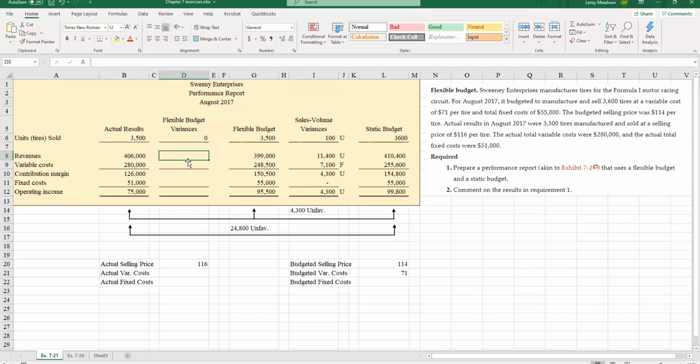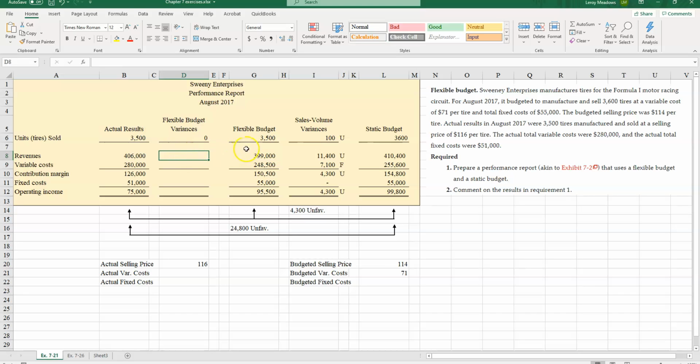Now, let's take a look at our individual items here for revenues. Based on selling 3,500 tires, I should have generated $399,000 worth of revenue. However, I actually generated $406,000 worth of revenue. So is that good or bad?